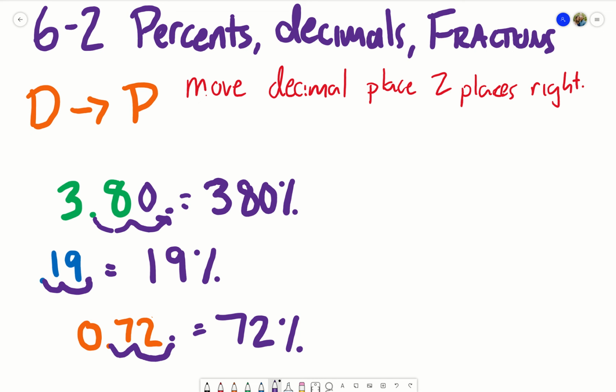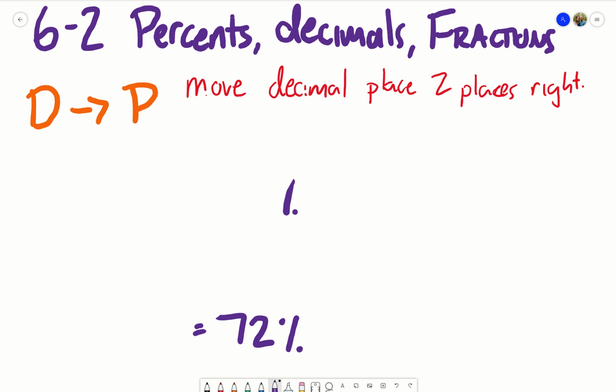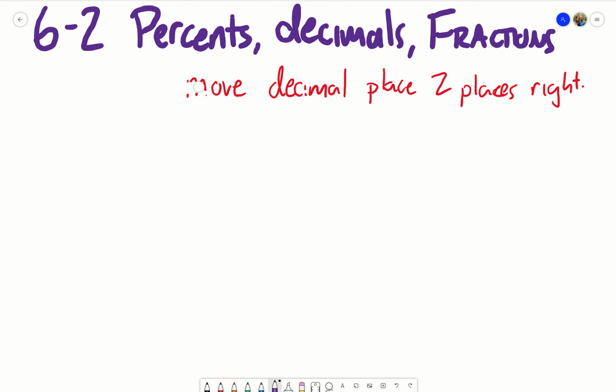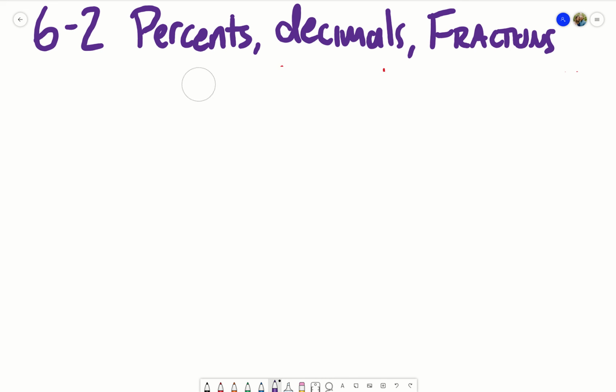All right, now let's talk about the one that takes a little bit more math, a little bit more to do in this second situation. So if I have a fraction to a percent, there's 2 ways that I can do this.